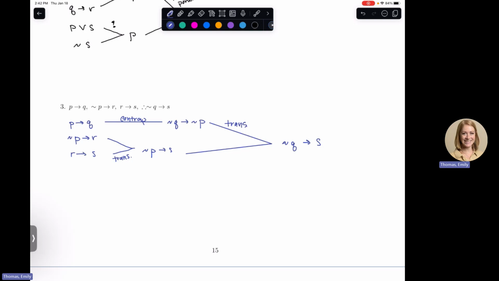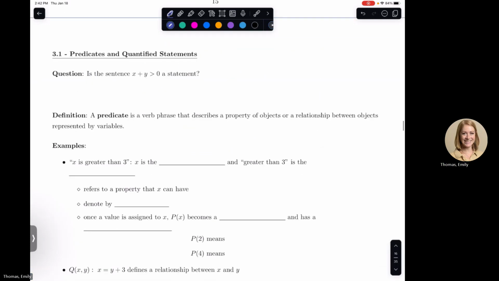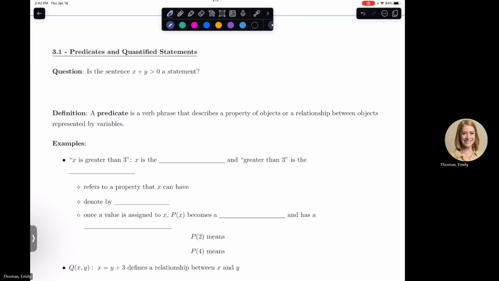Okay, so we're going to take all of this stuff and sort of make it bigger. We talked about this maybe on the first day. Is the sentence x plus y is greater than 0 a statement? The answer was no, not yet, because we don't know what x and y are, so we don't know if this is true or false. You're going to have a tricky question on your web assigned homework. It says something like, he is a math major.